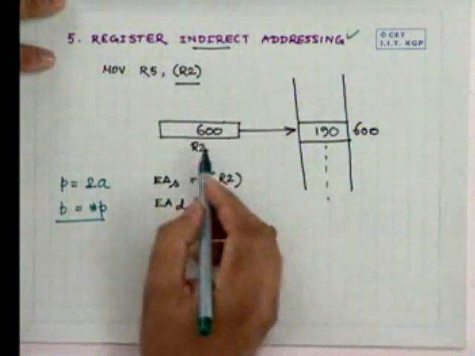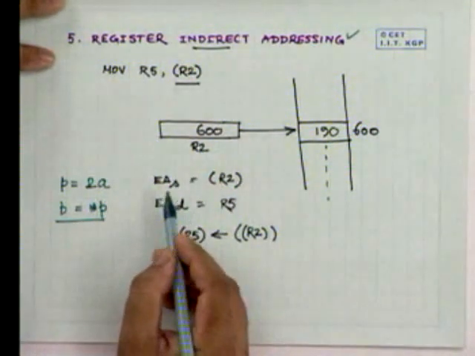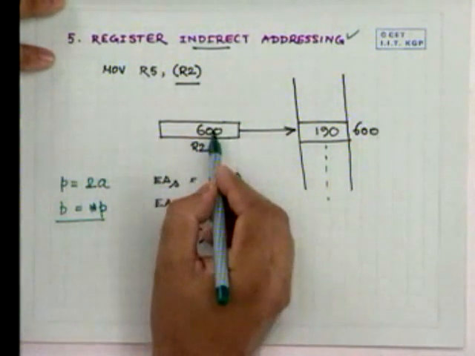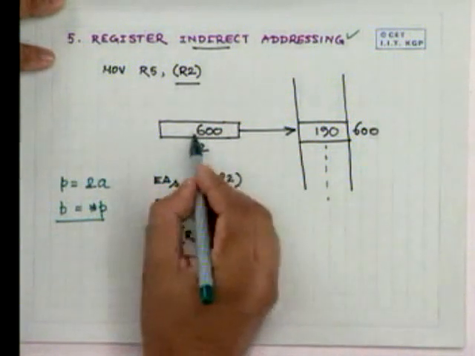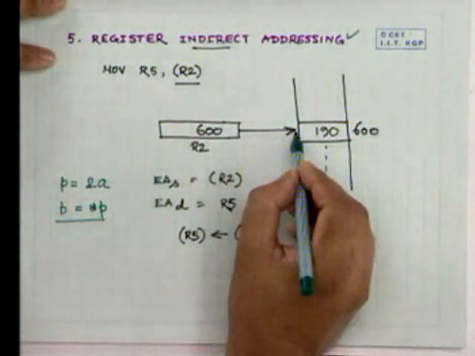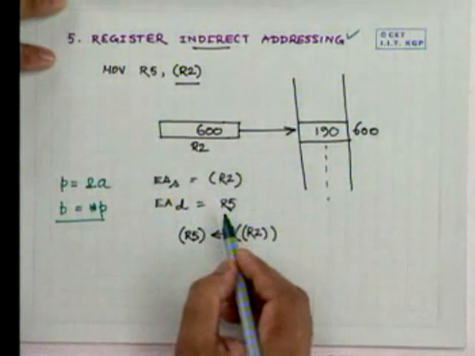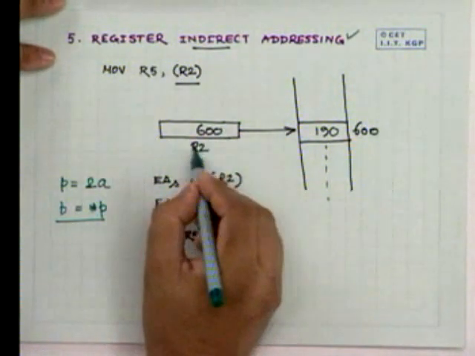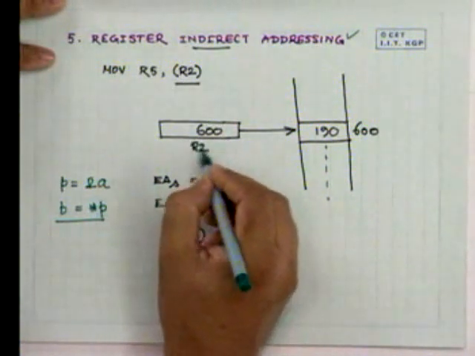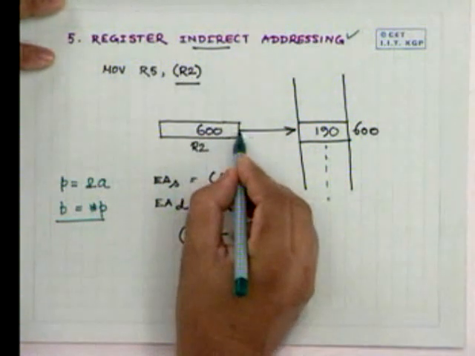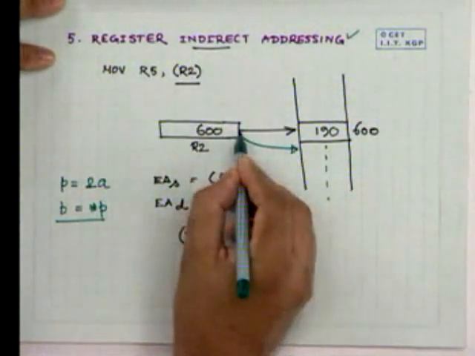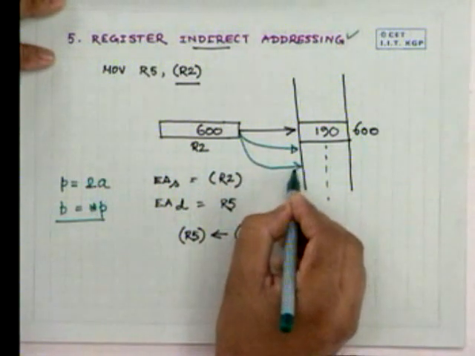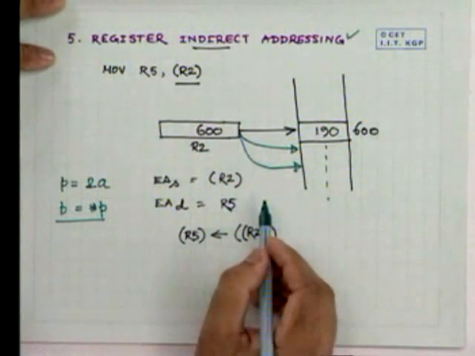In that case, R2 is first loaded with the initial value of the memory location from where the content should be taken, and then you can continue incrementing the content of R2, so that next time it points here, then next time it points to the next location, and so on.